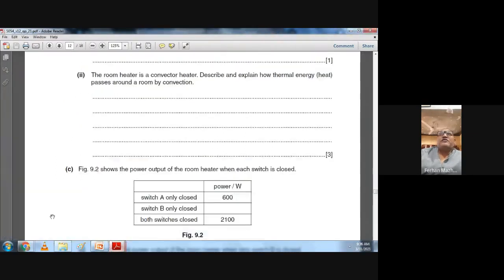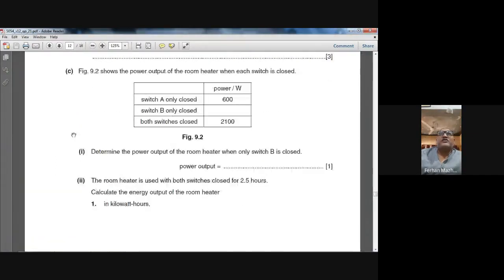Okay, so we are moving to the next part. He says figure 9.2 shows the power output of the room heater when each switch is closed. Determine the power output of the room heater when only the switch B is closed. You see, the total power is 2100 watt, and when only one switch is on, the power is 600 watt.